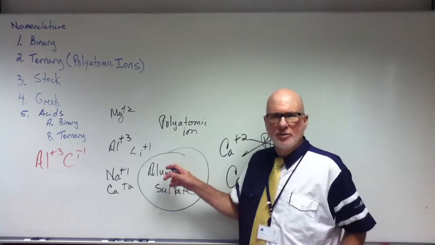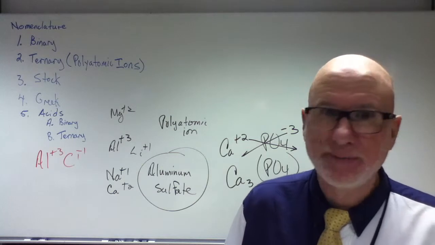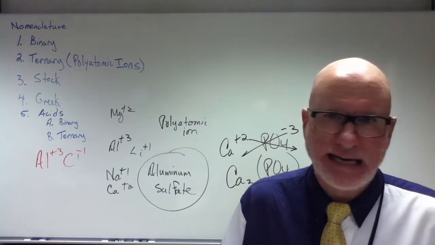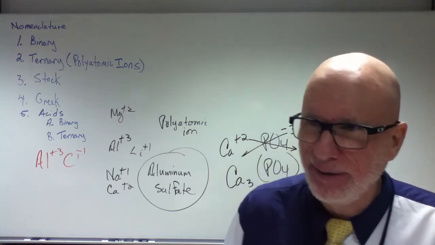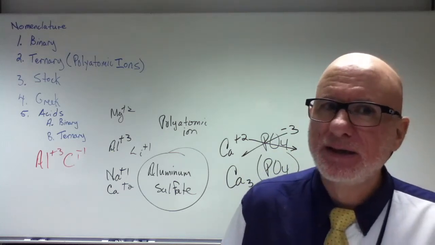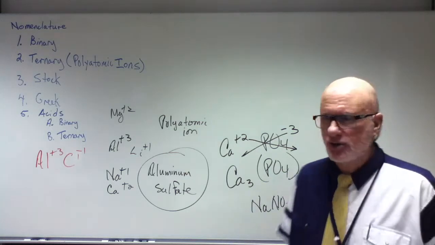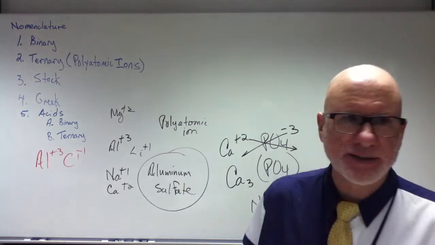What would the name of aluminum and sulfate be? Aluminum sulfate, right? No modification, dead easy. So what would the formula be, Fatima? Don't look it up on the web. We're doing that crisscrossing thing. What would the formula be for aluminum sulfate?